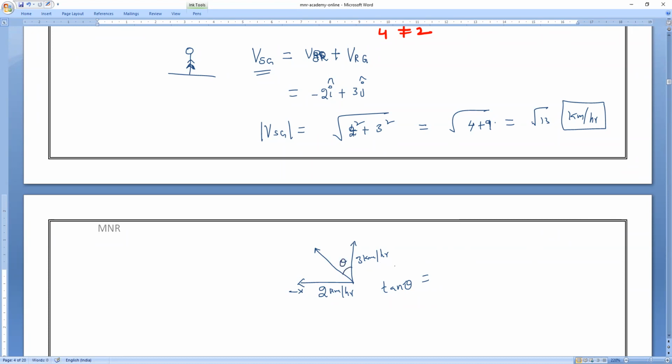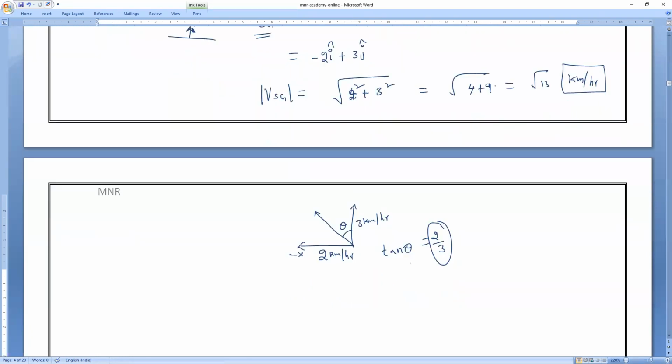Tan theta is equal to 2 by 3. Understand?